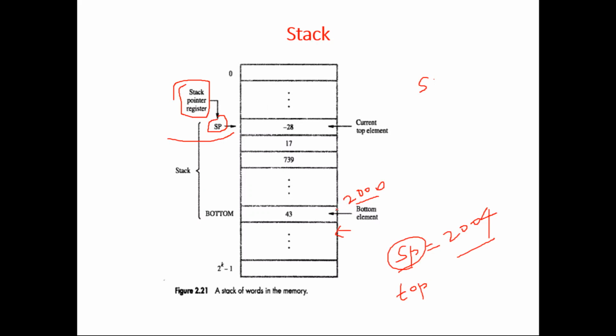The bottommost element is at 2000, so the next element will come at location 1996, and then 1992. When the stack is empty, SP is pointing to 2004, and if you want to push, the element should come to 2000. So before pushing, we have to perform subtraction. Subtract 4, because each word occupies 4 bytes, and then push.